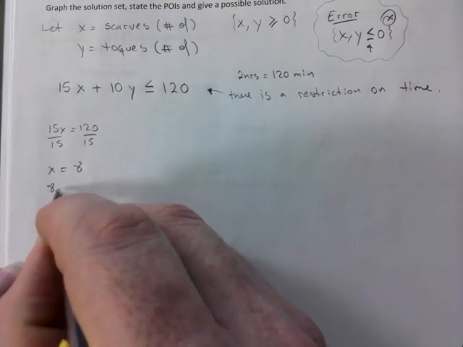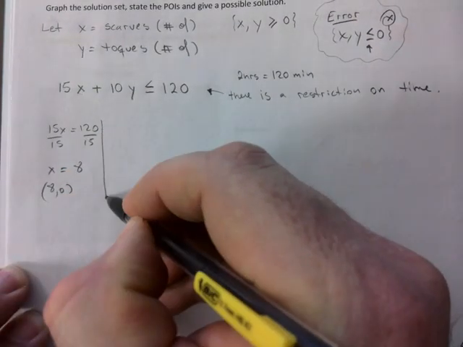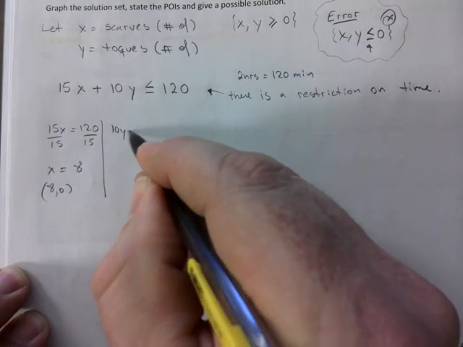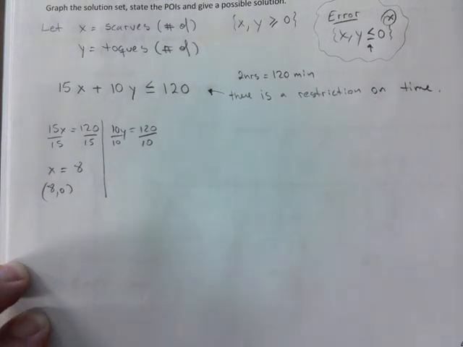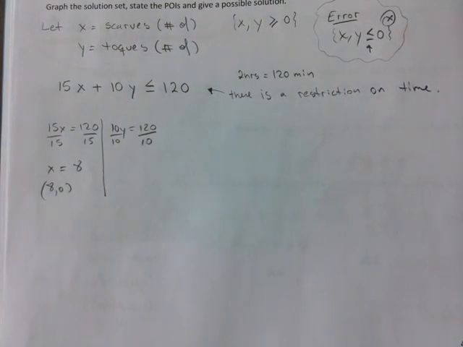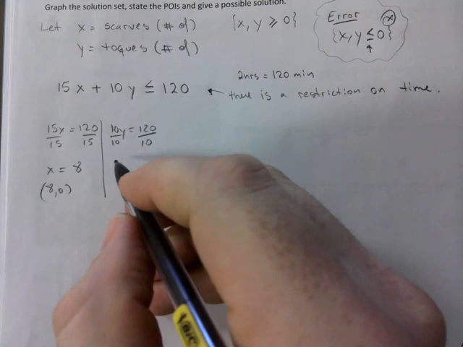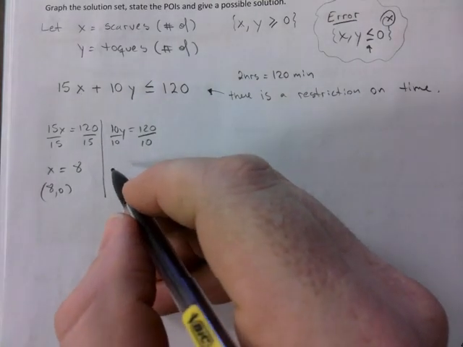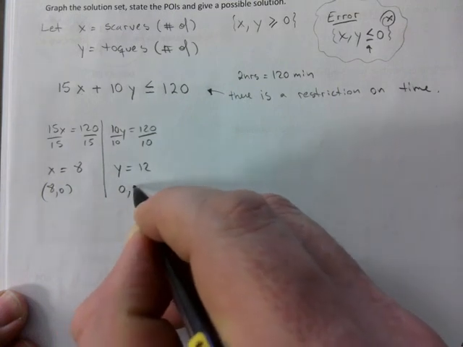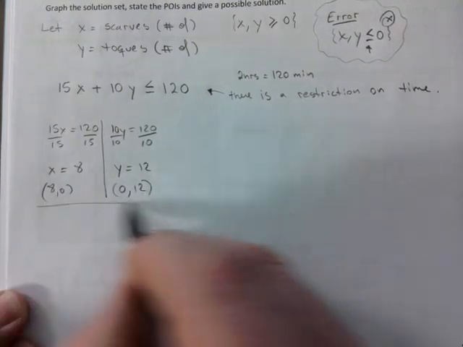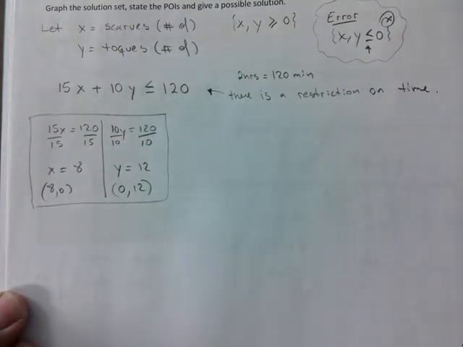That's 8. For the y-intercept, 10y is equal to 120. The nice thing is, for word problems you don't have to worry about a negative y. That's usually with non-contextual problems. So this is 12. You've got your x- and y-intercepts right there.